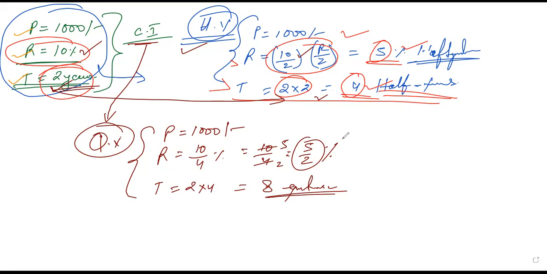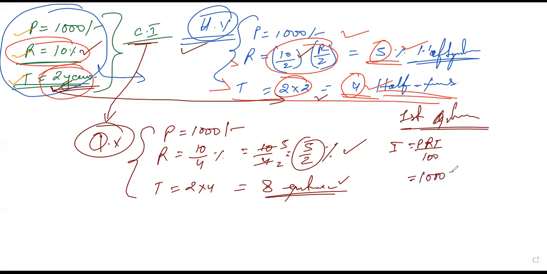And then with these values, we will go for the calculation for each individual period. For example, for the first quarter, the interest will be, the formula would be the same, P into R into T by 100. So over here, that is 1000 into rate of interest 5 by 2, time 1, into 100.